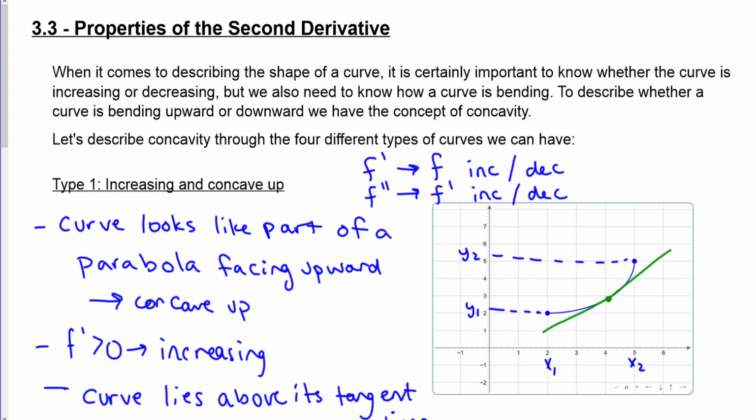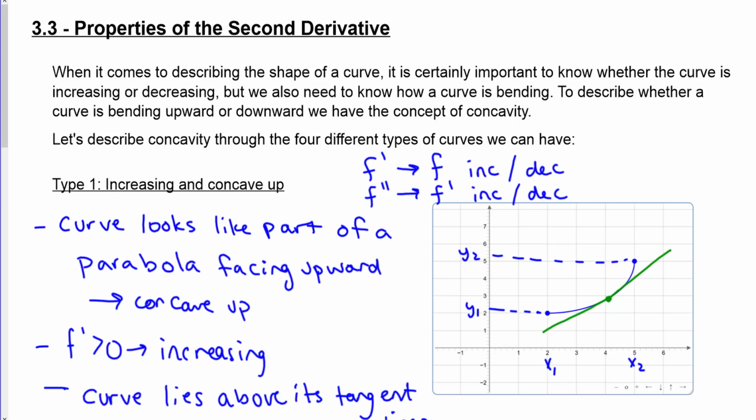Now, how that relates back to the original function is this. It tells you if the original function is increasing at an increasing rate, or decreasing at an increasing rate, or potentially increasing at a decreasing rate, or decreasing at a decreasing rate. There are 4 options.